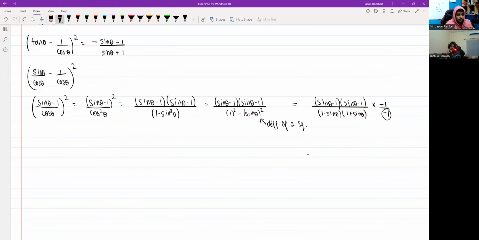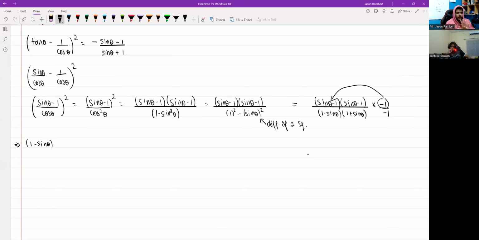I'm not distributing that minus 1 on anything on the denominator. So I'll distribute the minus 1 on the top on the first bracket. When I distribute that, the sine theta becomes negative and the 1 becomes positive. So I get 1 minus sine theta, my bad.